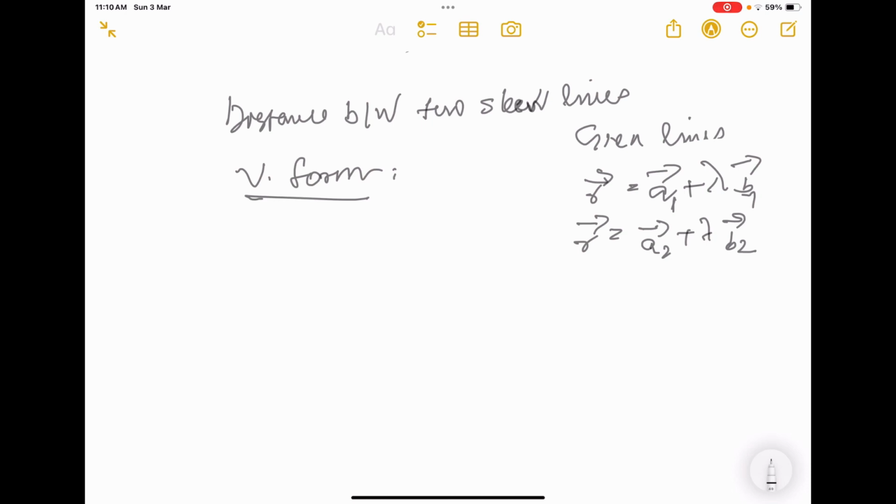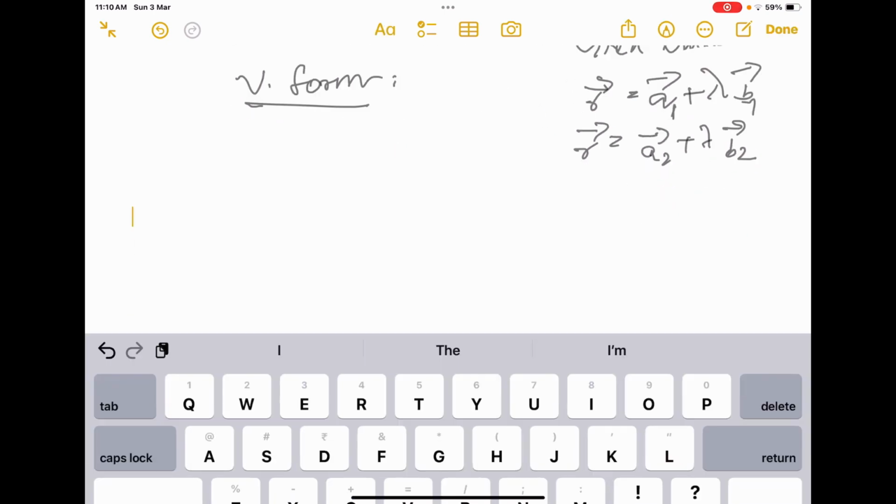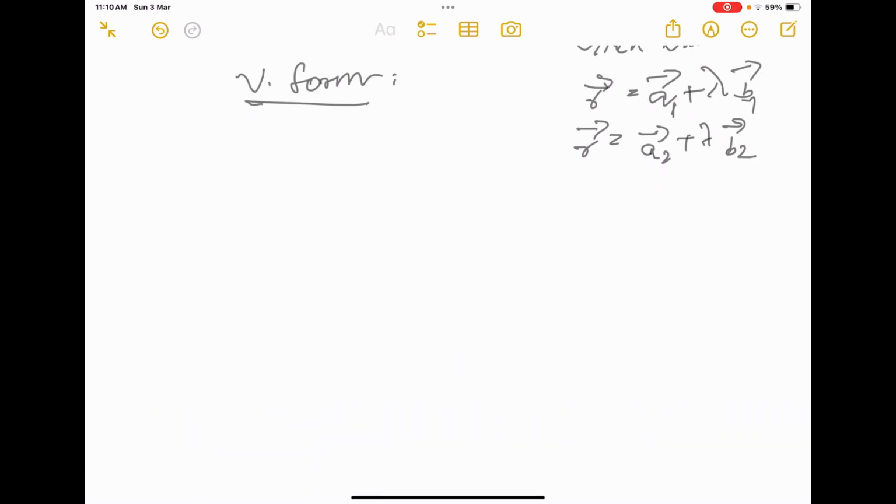In skew lines, this b1 and b2 are different. We can write this lambda as mu, not lambda, they are also different. So it becomes mu.